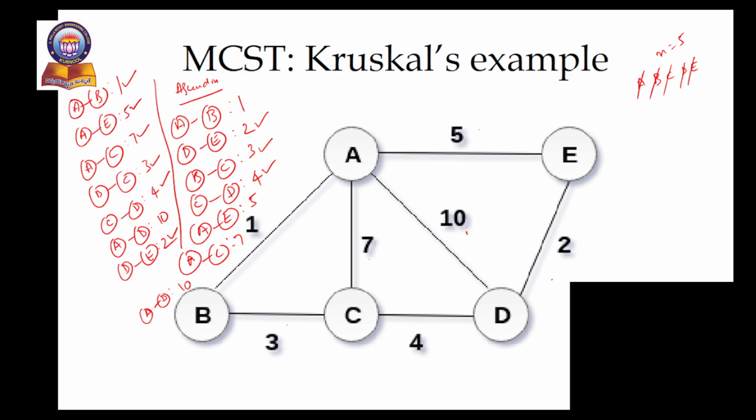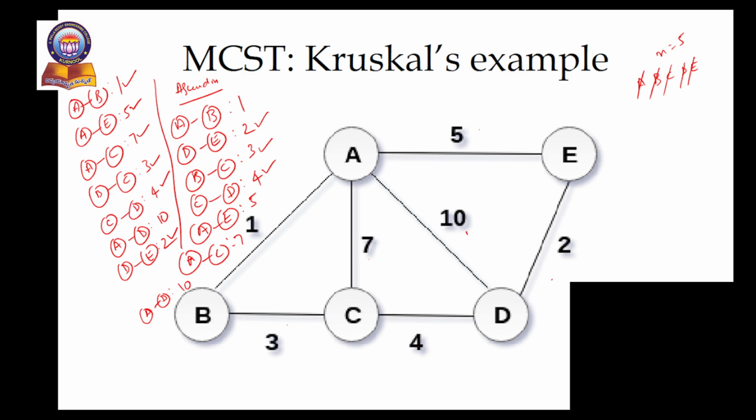Here A to B is 1, plus 3, plus 4, plus 2, that is 3 plus 1 is 4, 4 and 4 is 8, which will be equal to 10. So this is how we can solve the minimum cost spanning tree problem using Kruskal's.